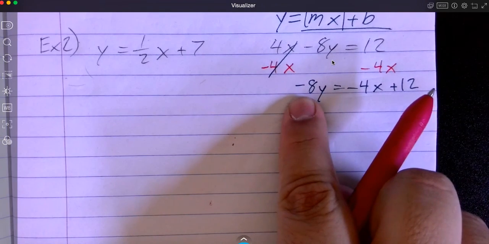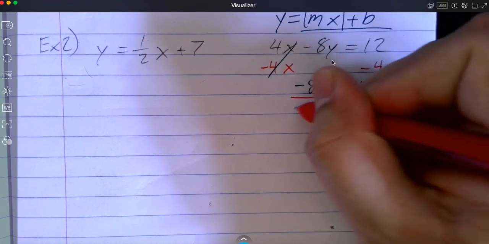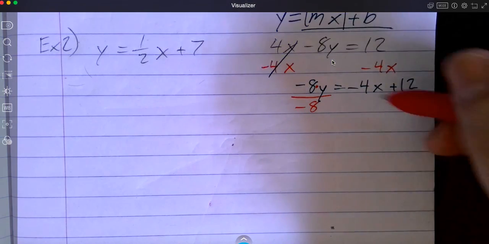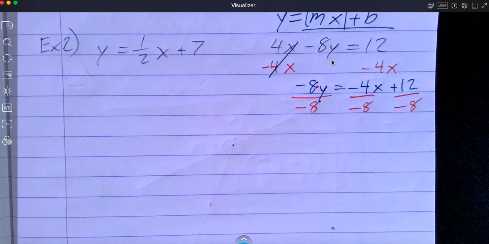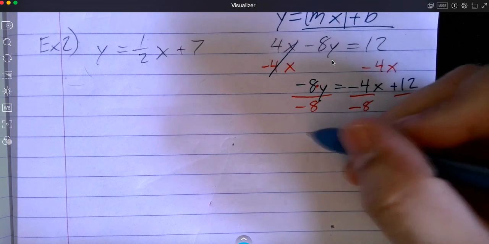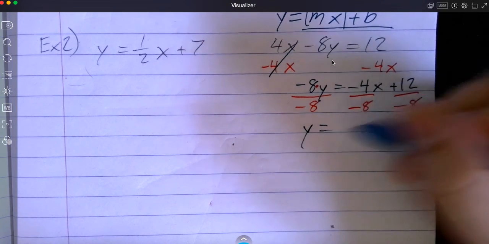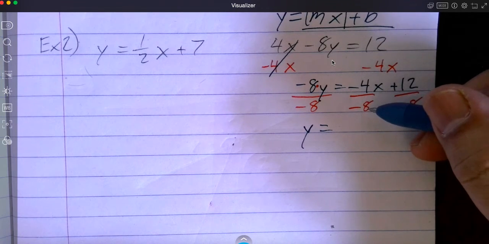But this number is not subtracting y. This number is multiplying. So I'm going to divide to get rid of that -8. So if I divide, you have to divide every term by -8. That'll leave me with y, a positive. Now you should simplify this. Don't turn these into decimals because you're going to graph.